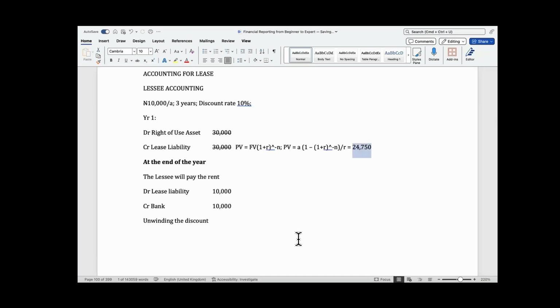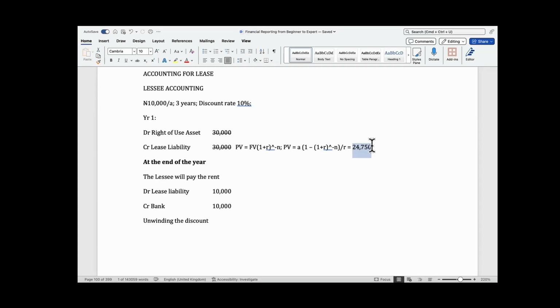You need to unwind it so that as you get to that future, this 24,000 will have become 30,000, because unwinding the discount will help you return back those interests.